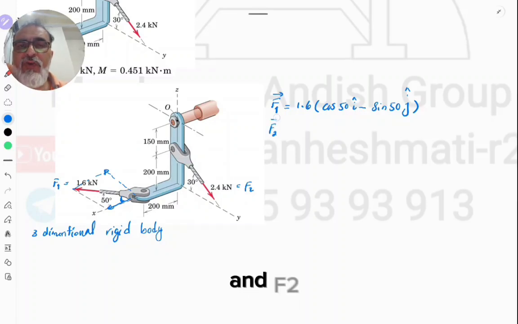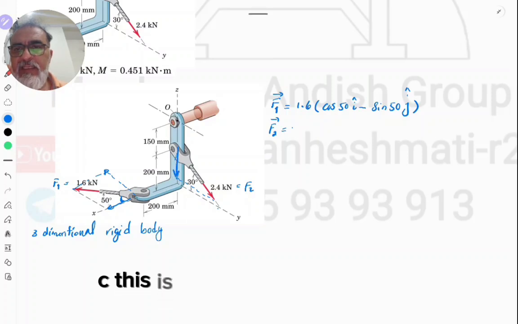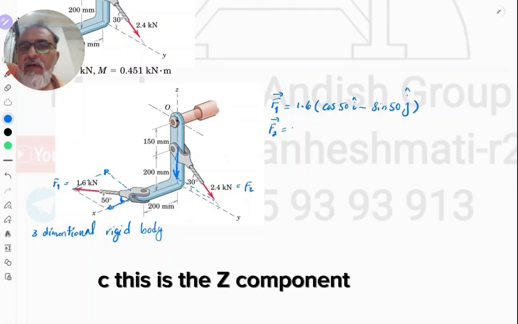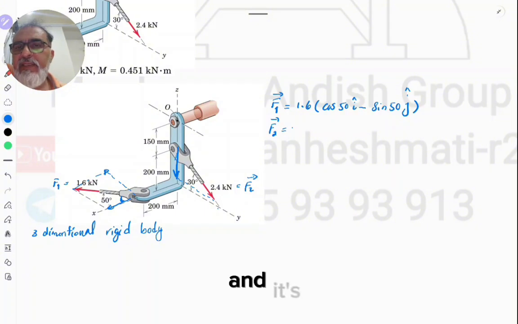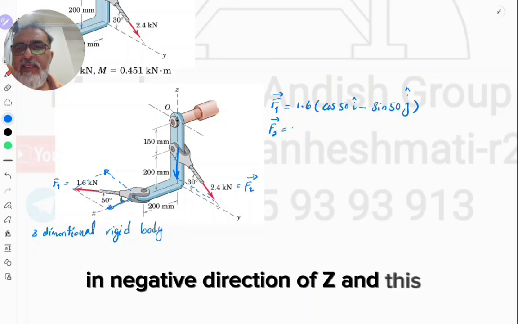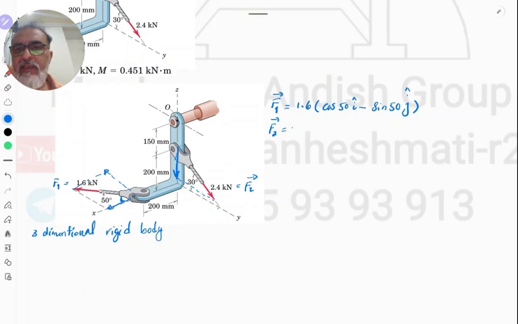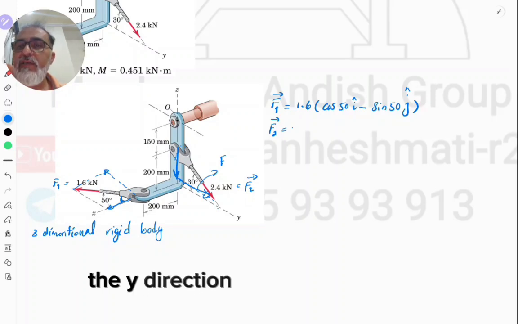And F2, here you can see this is the z component of F2, and it's in the negative direction of z, and this is the y direction component of F2.